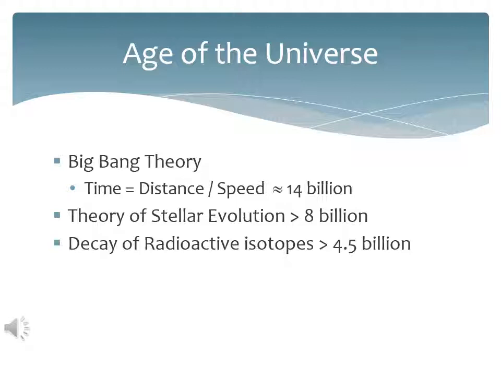Once again, it's an independent technique. Rate of radioactive decay does not depend on whether the Big Bang Theory is right or wrong. So both rate of radioactive decay and theory of stellar evolution tell us that 14 billion is a reasonable number for the age of the universe.